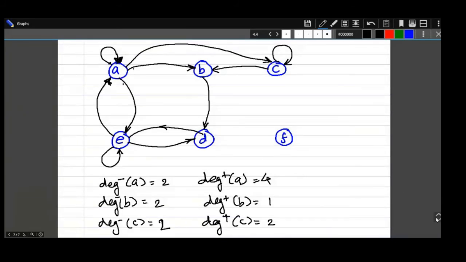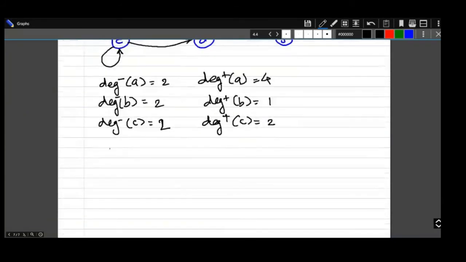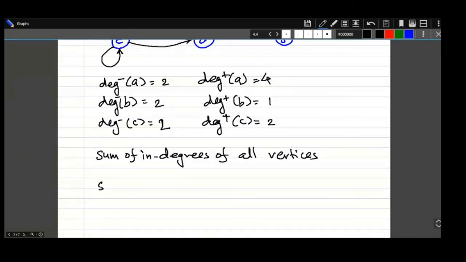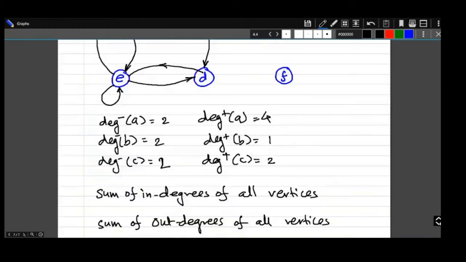Now, again, can you tell me what is the relation between the sum of in degrees of all vertices and the sum of out degrees of all vertices? Can you put the relationship?